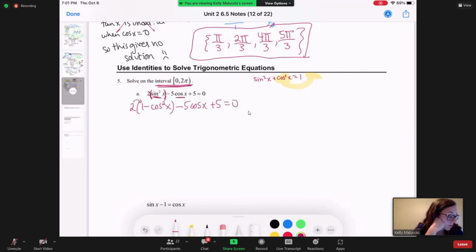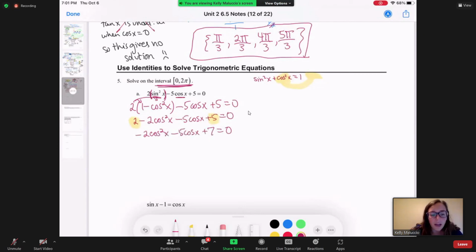Distribute the 2: 2 minus 2 cosine squared x minus 5 cosine x plus 5 equals 0. First I'll combine like terms, the 2 and the 5. So I get negative 2 cosine squared x minus 5 cosine x plus 7 equals 0.